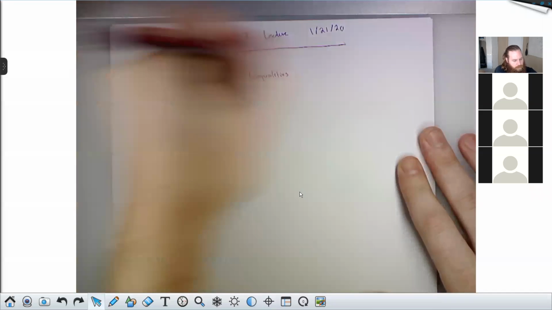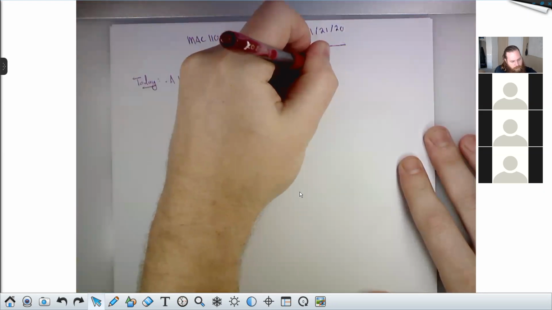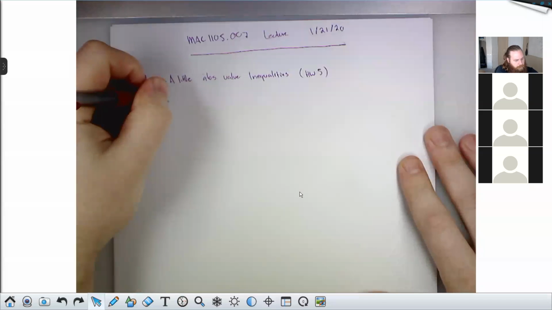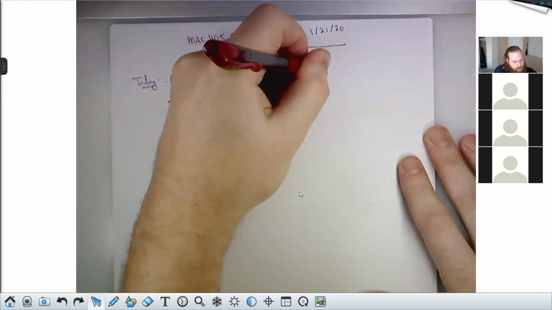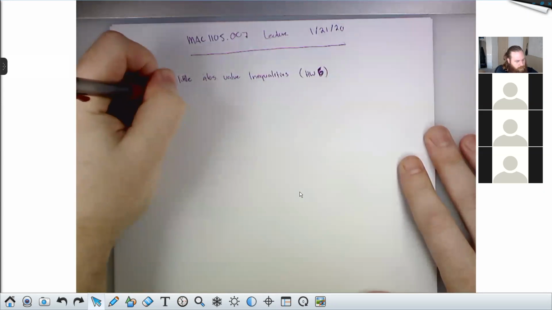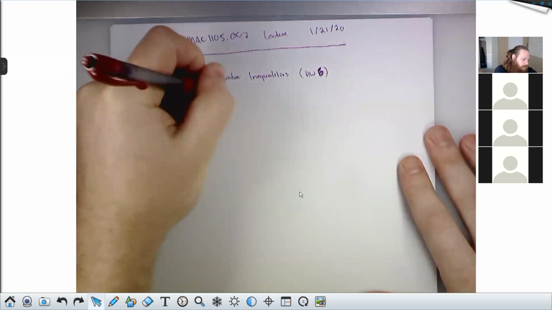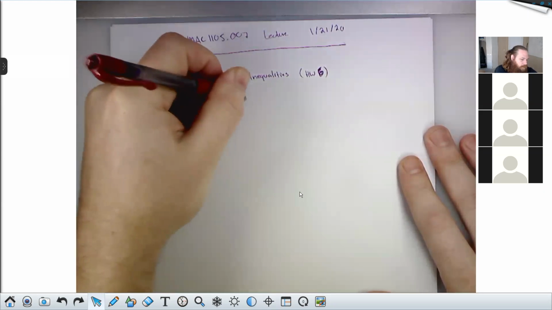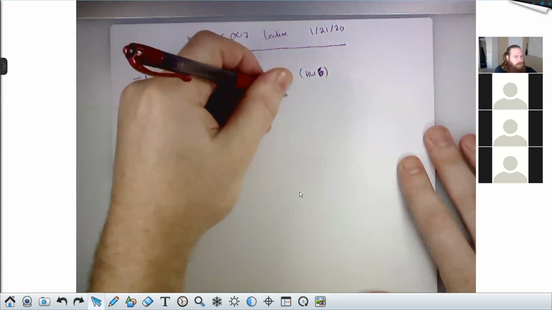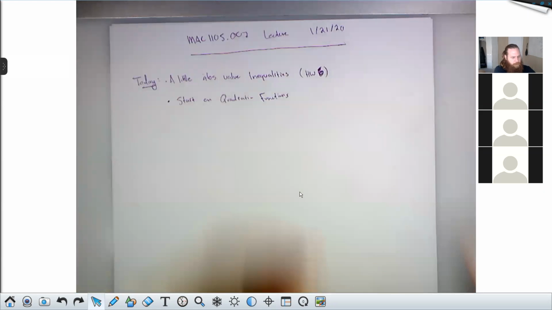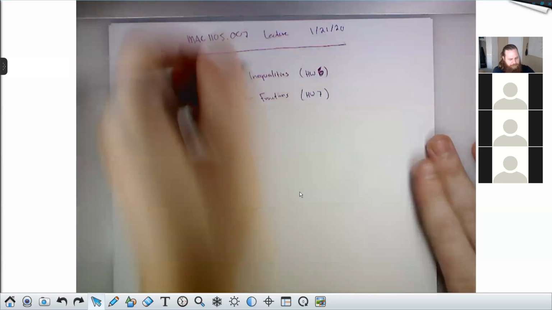And this was associated with, I think, homework 6. And then we're going to start on quadratic functions, specifically the stuff relating to homework 7.